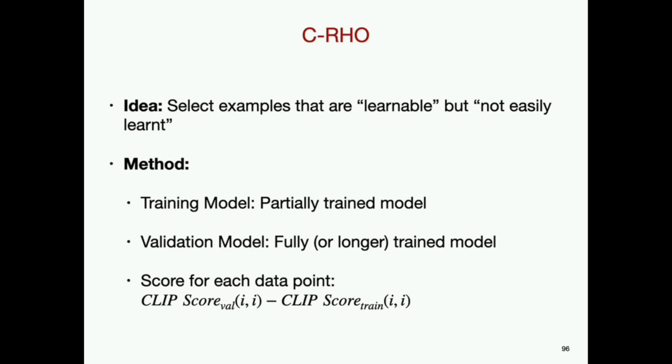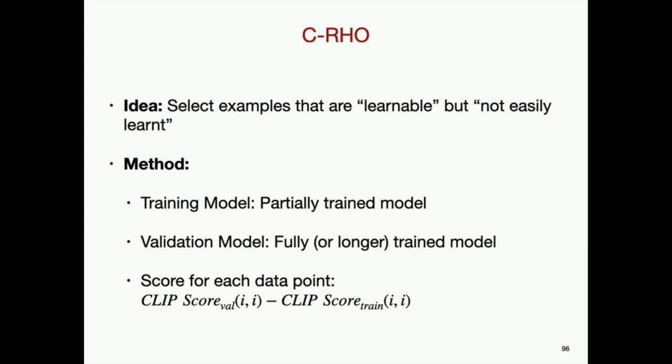And the score for every point is how similar the image caption pair is under the validation model and under the training model. So if under the validation model this image caption pair is very similar, you'll have a high clip score there, which means it is learnable. But if it's not easily learned, then the clip score of the partially trained model will be low. So those are the points you want to prioritize.